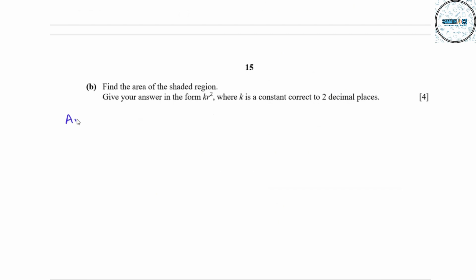So area of shaded region is equal to area of rectangle minus area of segment.